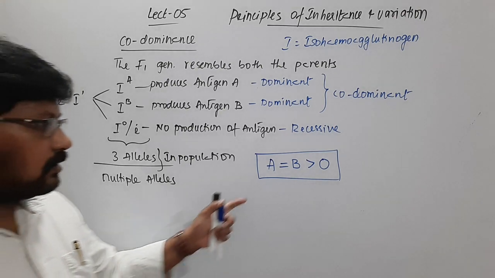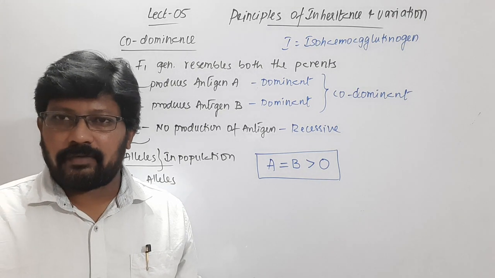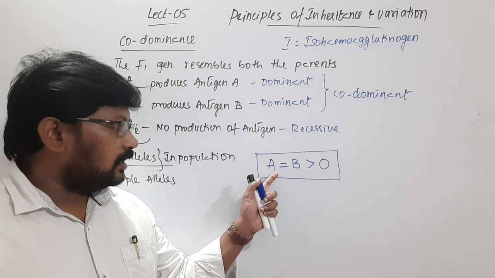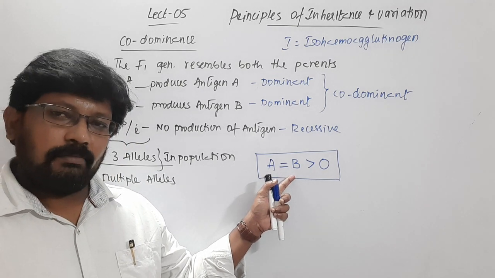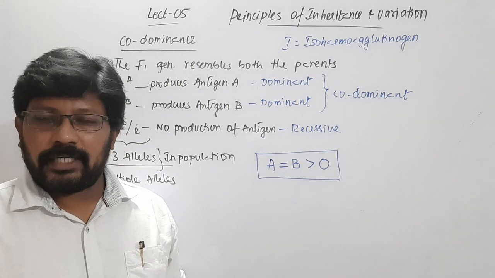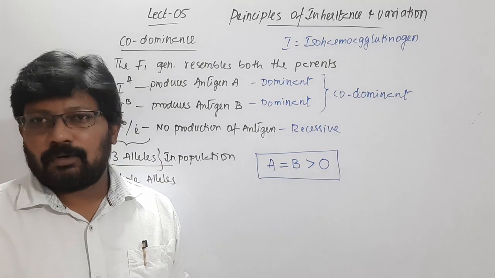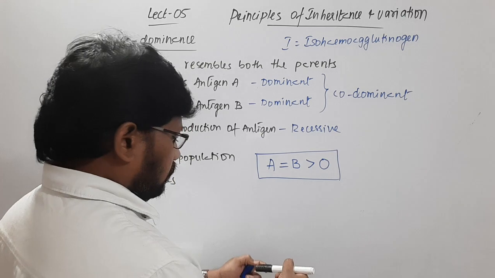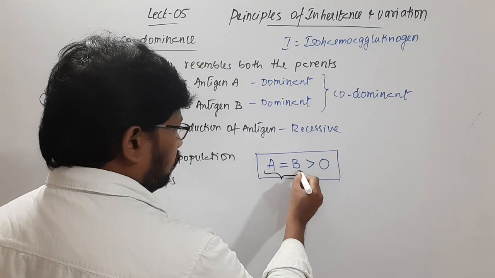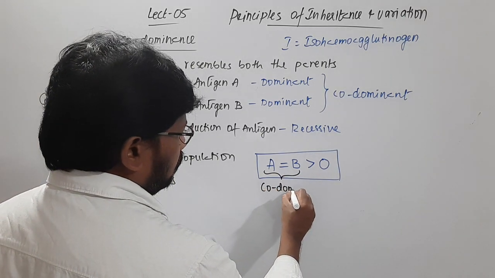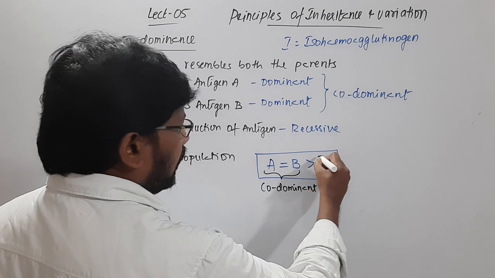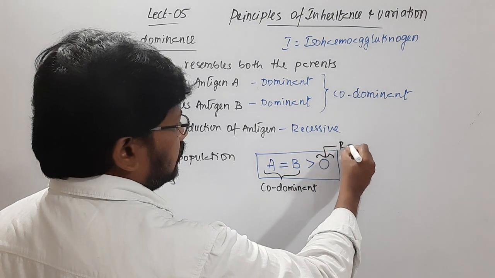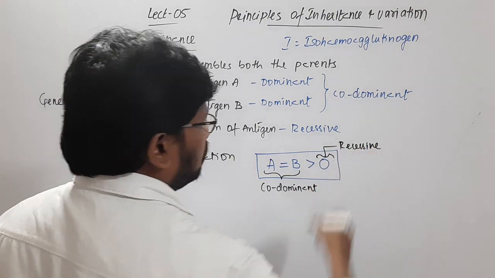This is not any mathematical equation here. I simply mean the A blood group and B blood group are dominant over the O blood group. So these two are co-dominant, and this is the recessive blood group.